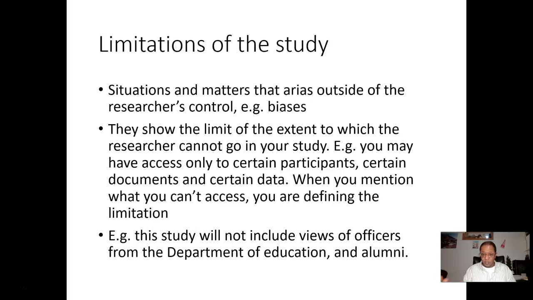It is possible that the Department of Education and alumni can also give me an idea, but I am not going to go into that. It is not part of my delimitations, because I can't access the people in the Department of Education. I can't access people who passed through that particular school. Okay, look at examples.